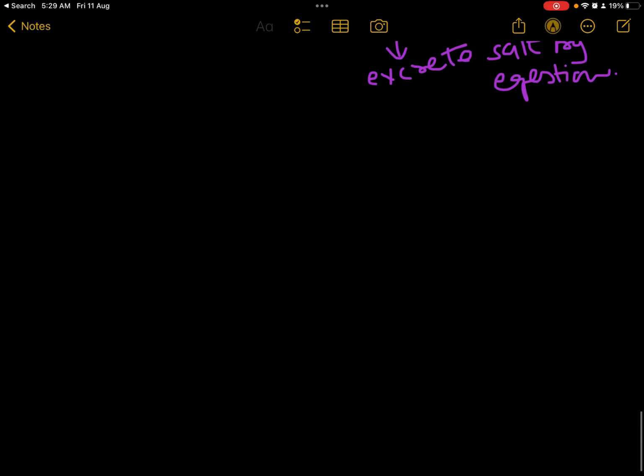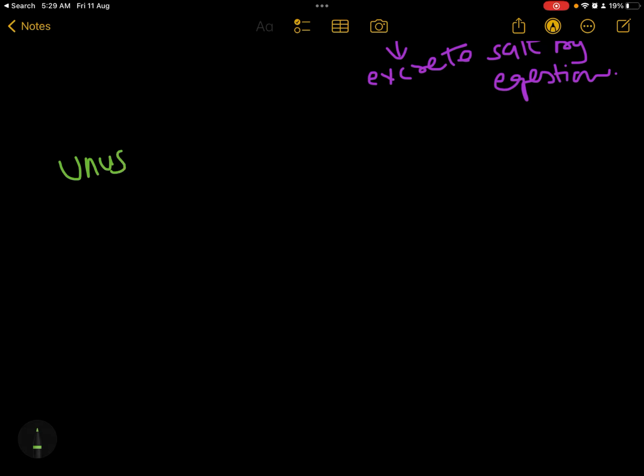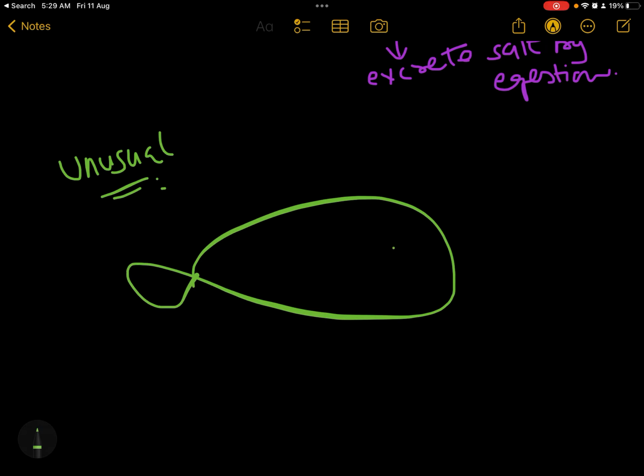Now there is an unusual condition as well, in which, consider this is a fish, the external environment is hypertonic and the internal environment is hypotonic, right?